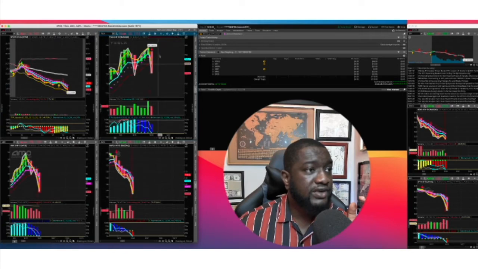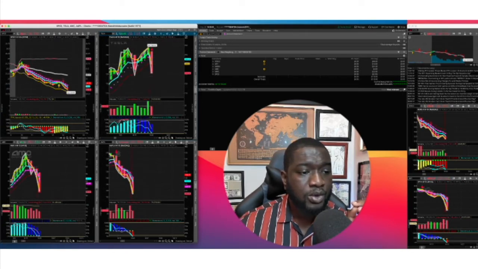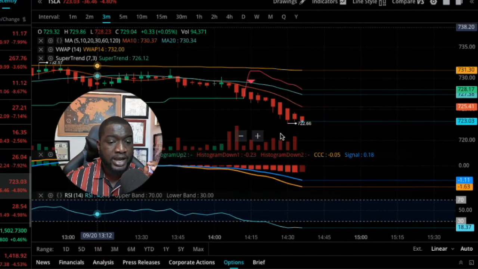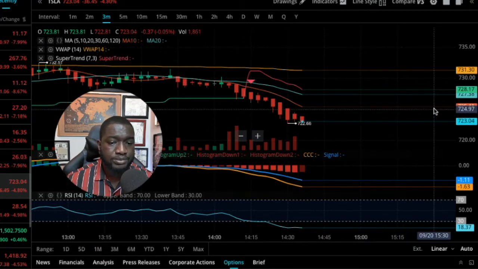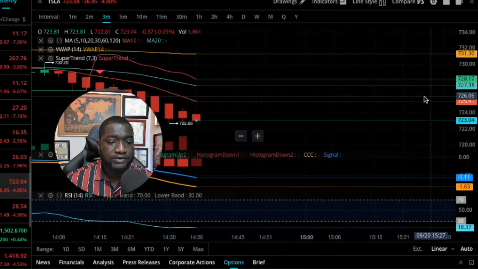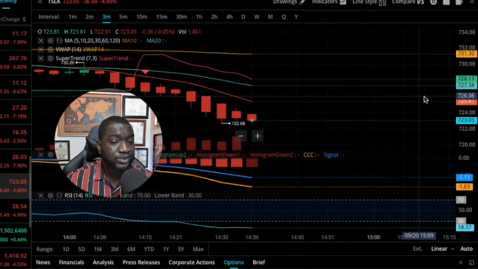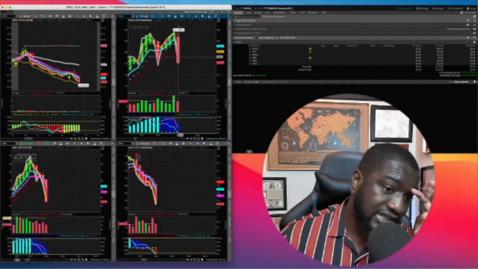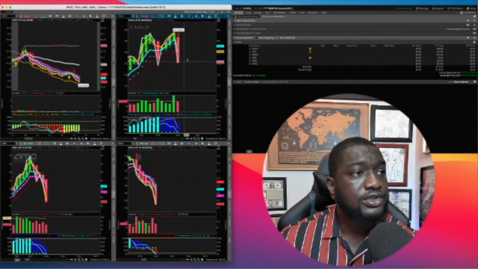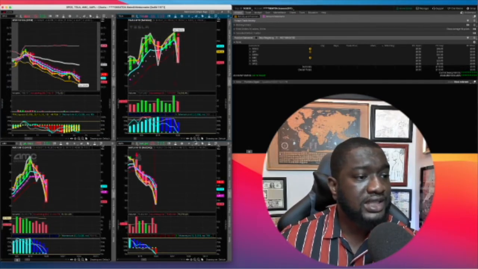I'm watching Tesla for the downtrend. What is happening today? I'm keeping my eye on it. On Tesla, I bought a little bit for the long term, but I'm watching it for the downtrend to see what's going to happen. And then I'll use my TD Ameritrade here to keep an eye on the trade for the long term.